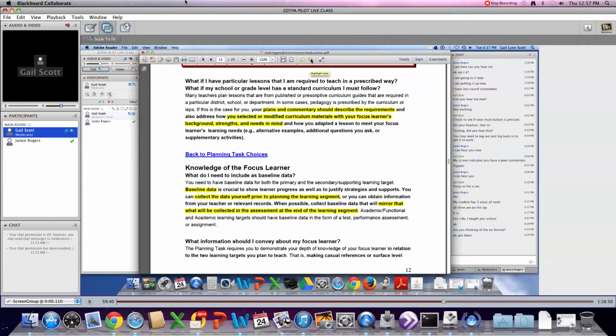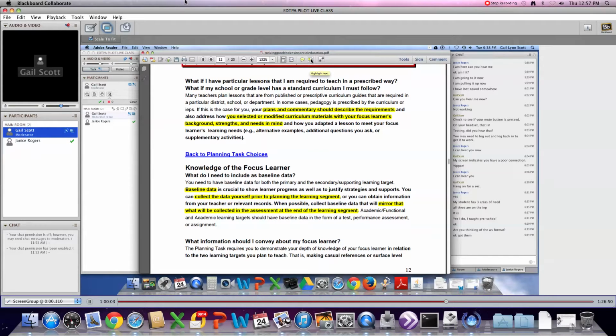The pre-assessment and post-assessment should be the same kind of thing. In other words, you don't ask a multiple choice pre-assessment and then have them write a 3-paragraph essay for the end of learning assessment, because you can't compare the data from those two things.